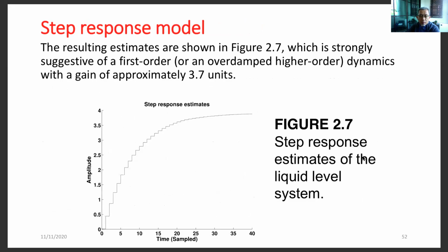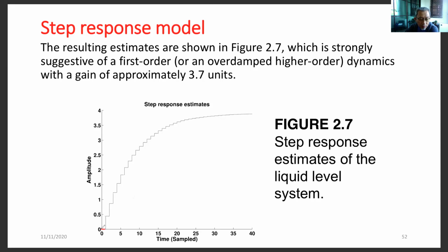Then the resulting square step response, where we inject a step, will give you data something like this, okay. You can see that since this is the first data, there is a slight time delay there. Can you see that?